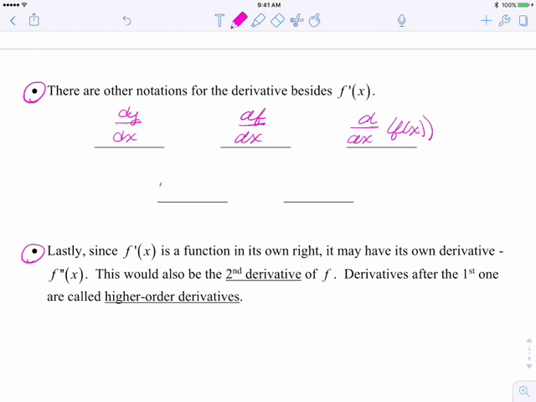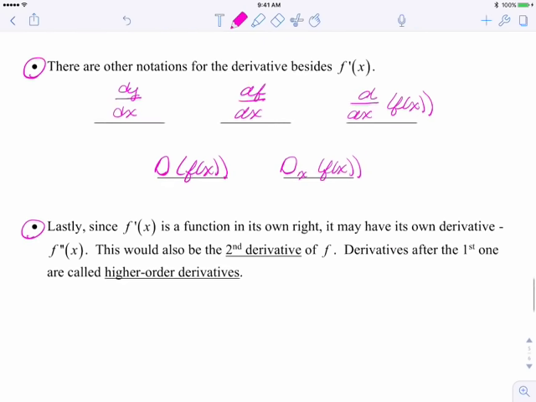We also have the capital D notation. Capital D of f of x means the derivative of f of x. You may also see a little x in subscript. All of these symbols represent the same thing as f prime of x. So be on the lookout for these different notations. They all represent the same thing.